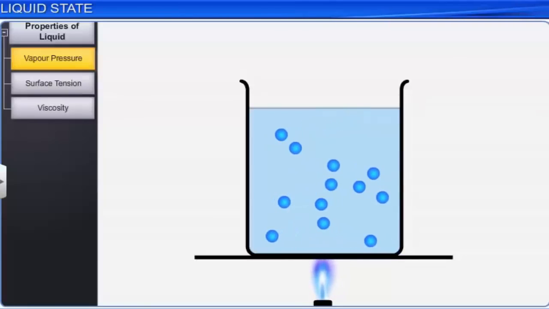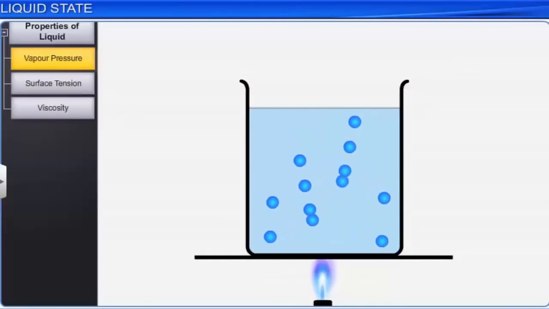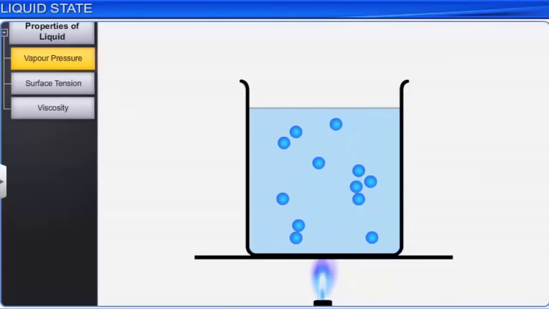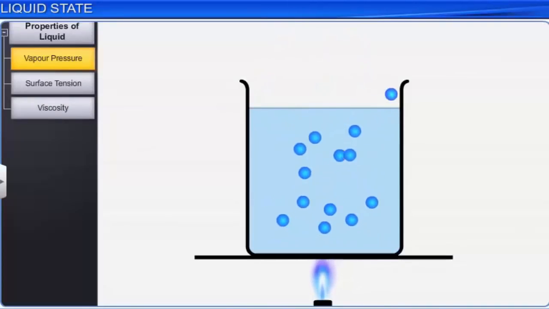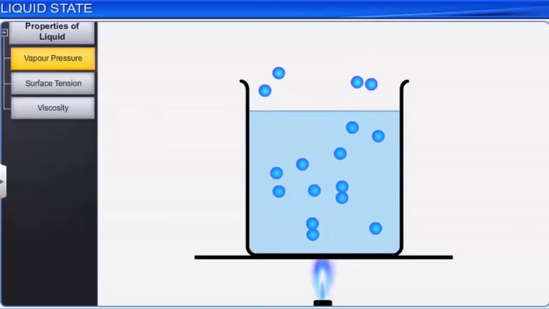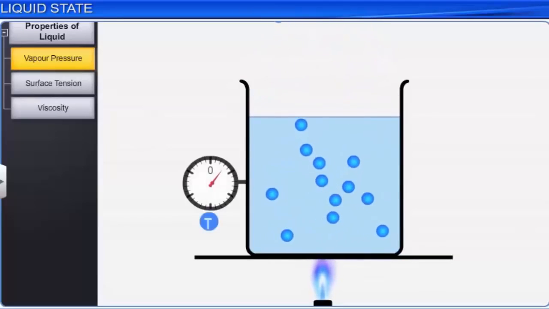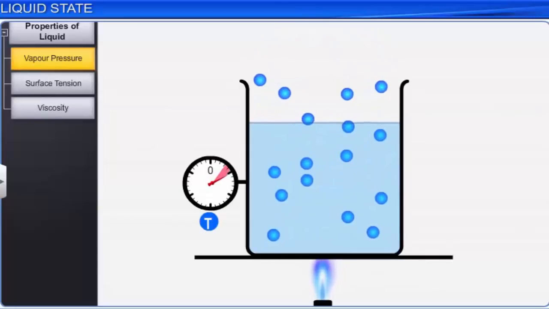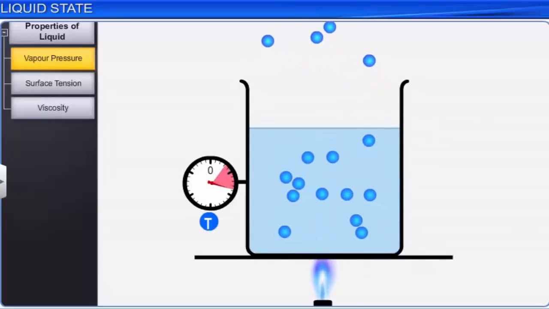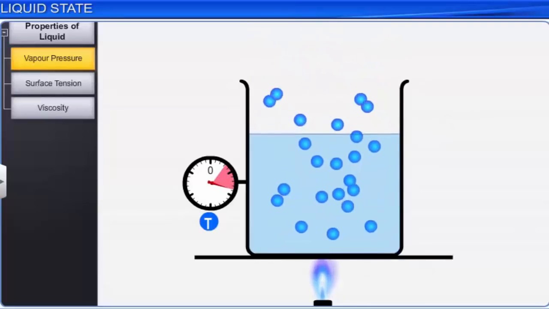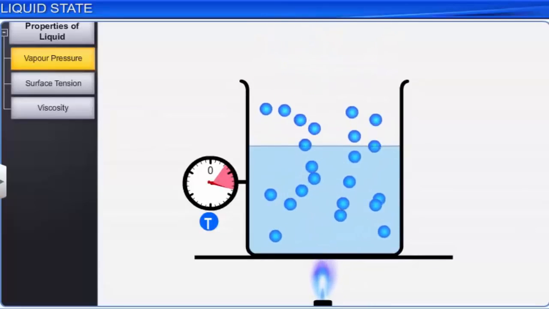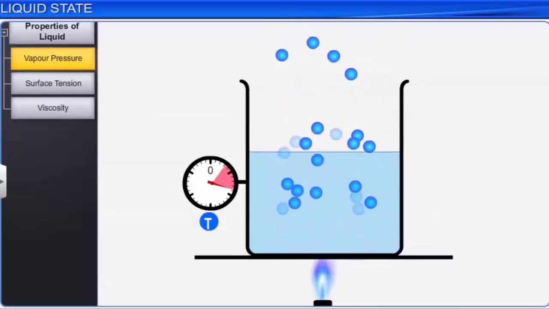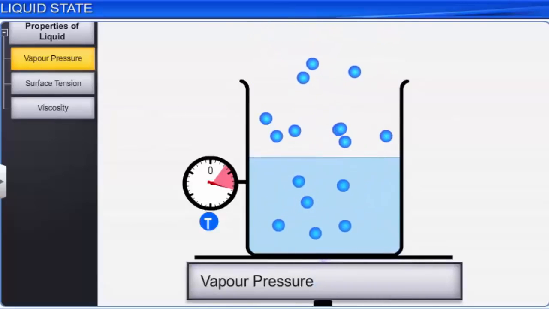Let us look at what happens when a liquid is heated in an open vessel. Initially, the liquid vaporizes only from the surface. On further increase in the temperature, vaporization occurs freely throughout the bulk of the liquid and vapor pressure rises. After some time, a stage is reached when the vapor pressure of the liquid becomes equal to the external pressure.